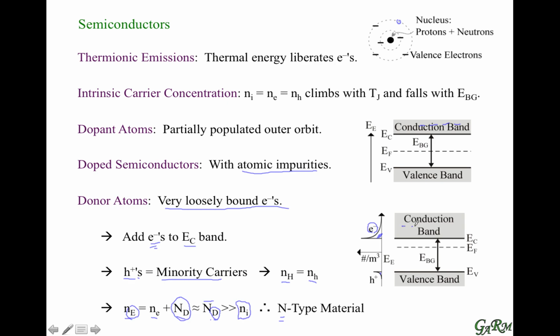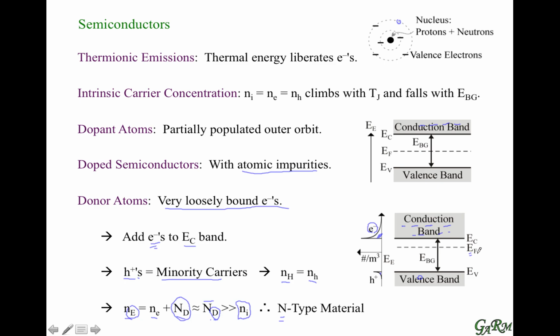Since the probability of finding electrons is so much greater than finding thermionic holes, we can use the Fermi level, which, remember, represents a 50% probability of finding a charge carrier. Since we're more likely to find electrons, this Fermi level is going to be closer to the conduction band.